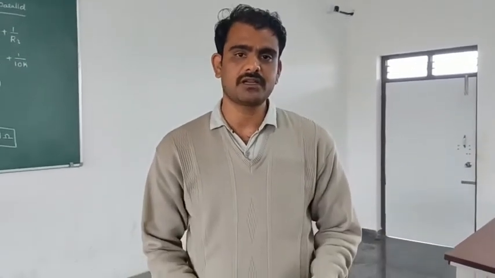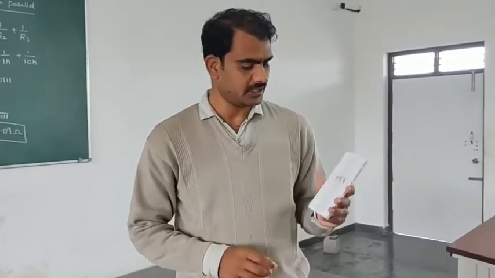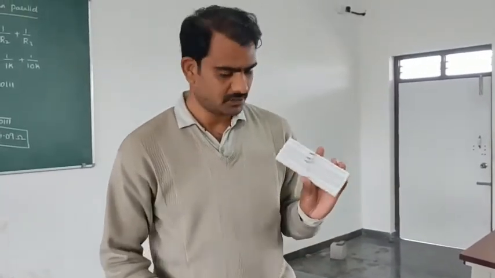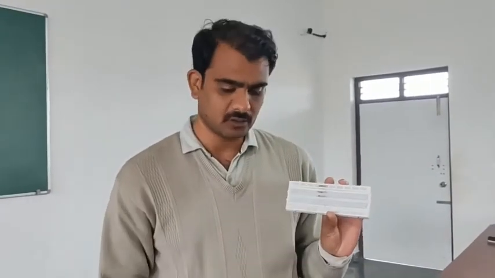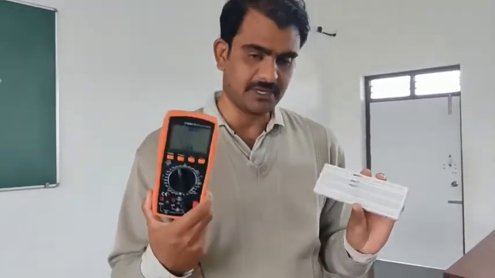Coming to the practical part, to find the effective resistance of 3 resistors. The components we require for this experiment are one breadboard, 3 resistors, of 100 ohm, 1 kilo ohm and 10 kilo ohm, and one multimeter.